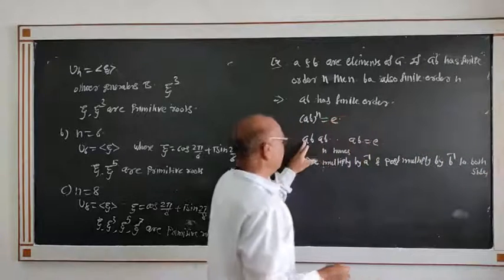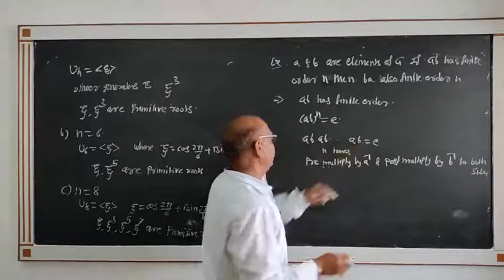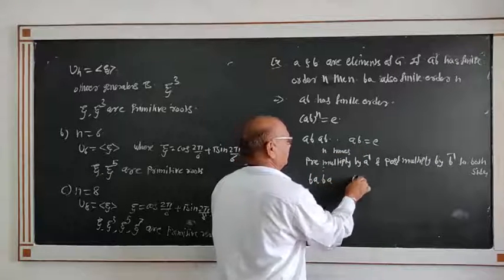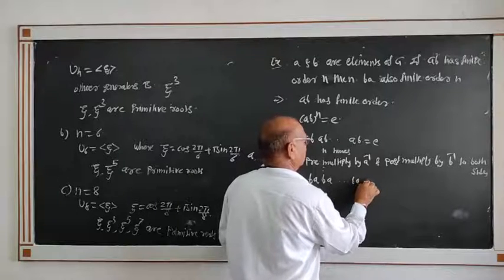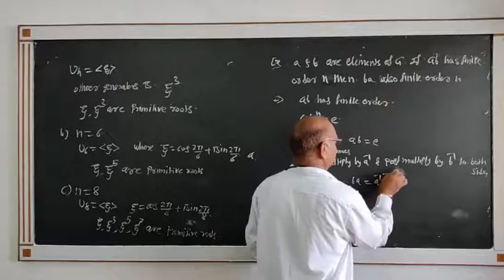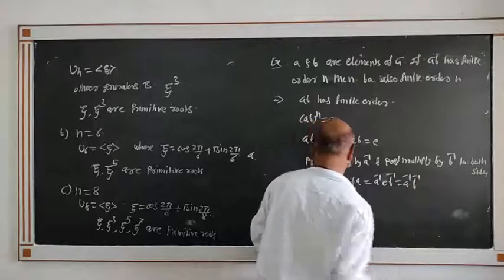We get here, A gets cancelled, B gets cancelled, and we get BA is equal to A inverse B inverse.